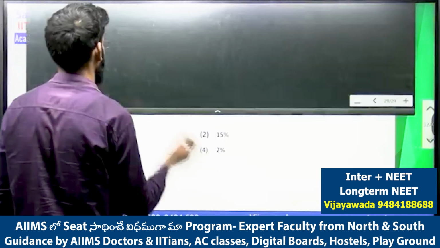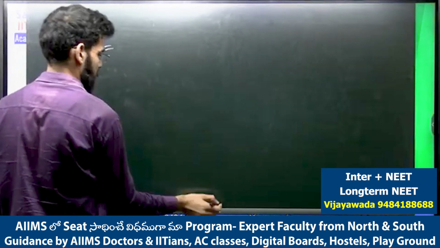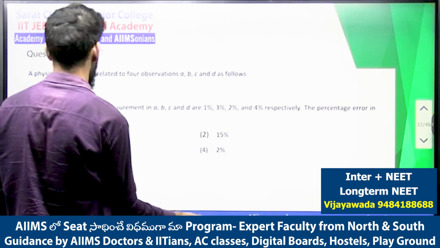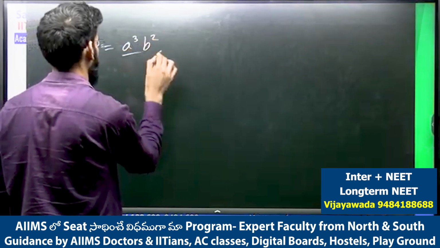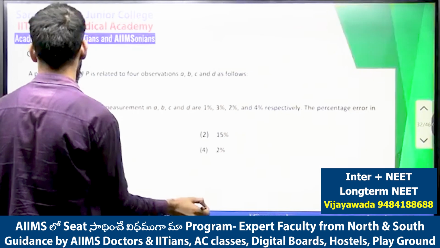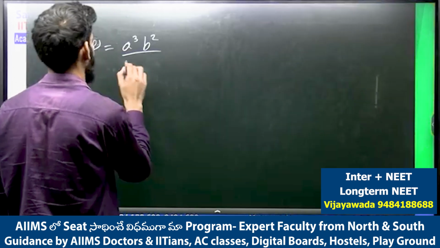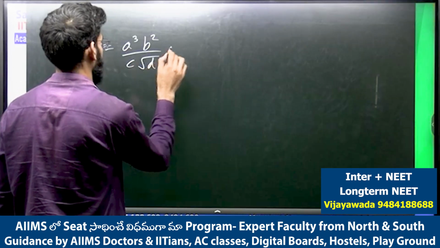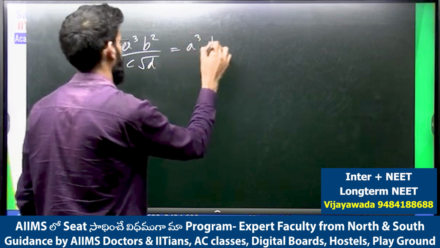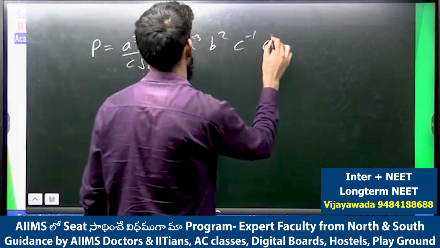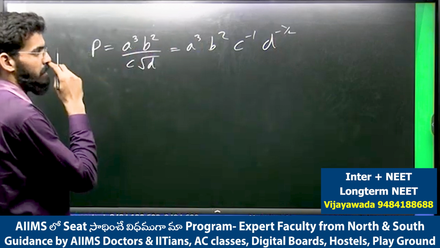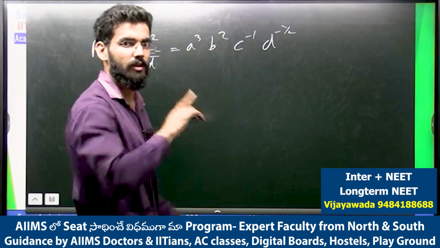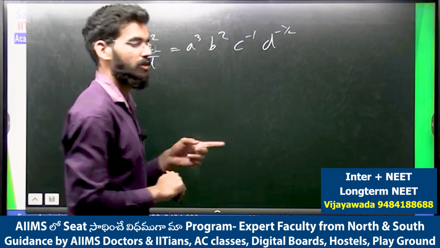P equals a cube b square divided by c root d. So here you can say a cube b square c to the power minus 1 d to the power minus half. If you take ln and differentiate, negative will come, but we are going for the error, so error we take positive only always, right?